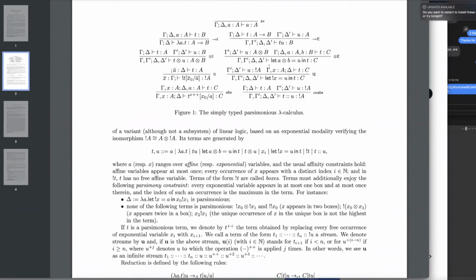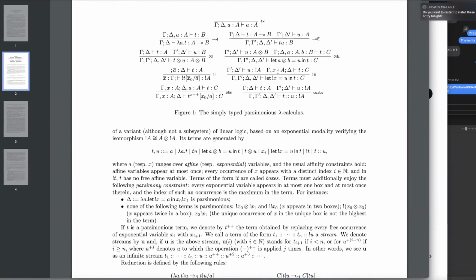And then over here, we're going to pick things apart, right? So it's going to flip around the other way. So I've got some gamma prime and delta prime, which are what I need to establish that U is of type bang A. And yes, this is clearly indicating that gamma is the exponential variable context. So that's the partition.